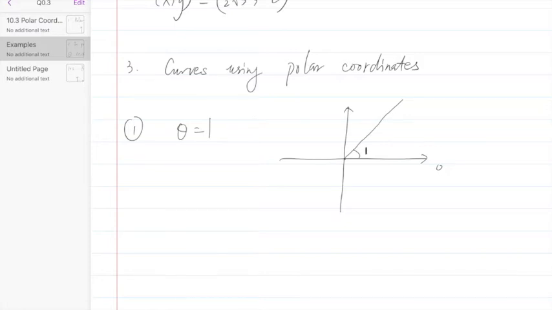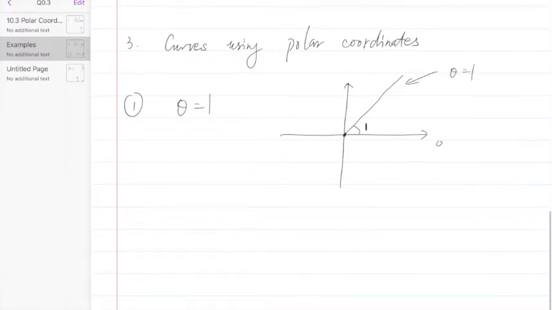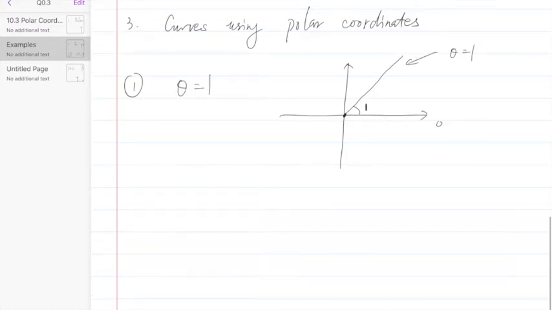But now what you're trying to say is theta equals 1. And r can be anything. So basically, this one is a curve, which is actually the whole ray here, starting from 0, 0, go all the way to infinity. Okay? If you feel confused, just think about what you mean by y equals 1. That means x can be anything, right? So it's a horizontal line going forever. This one can also go forever. Your r can be anything.